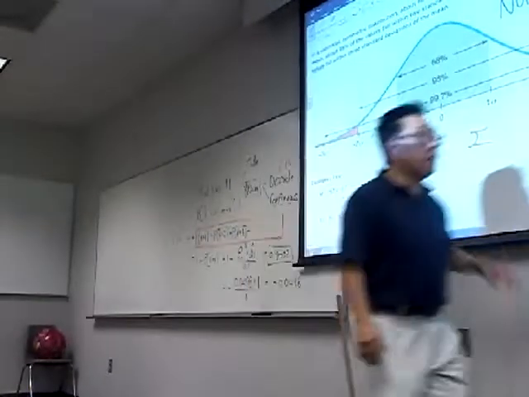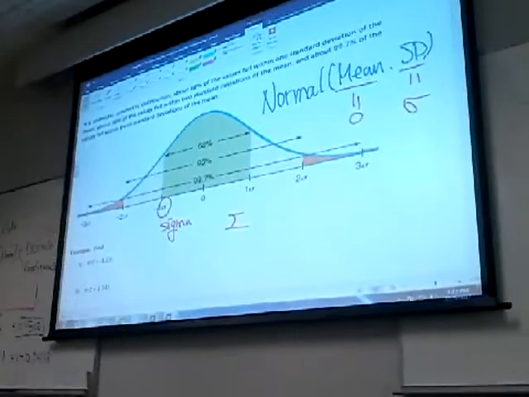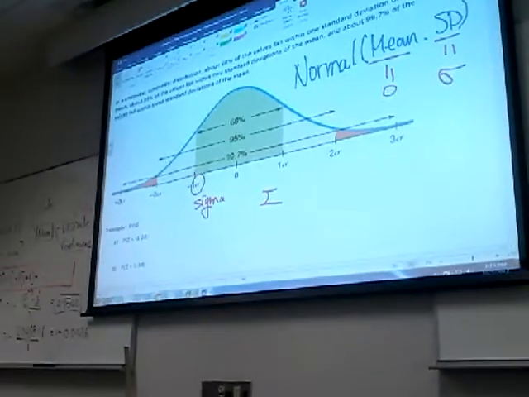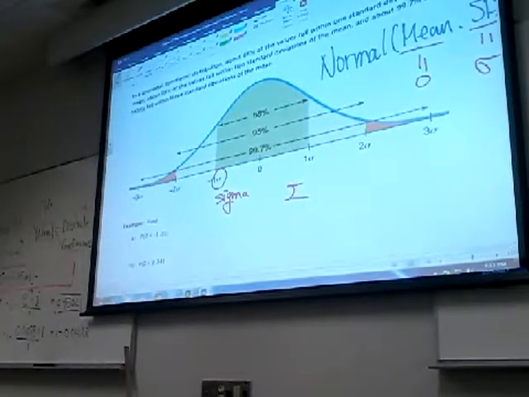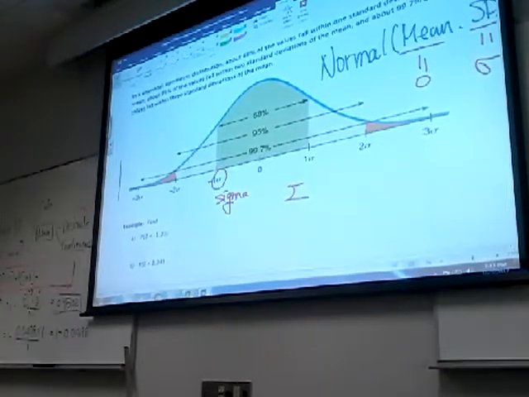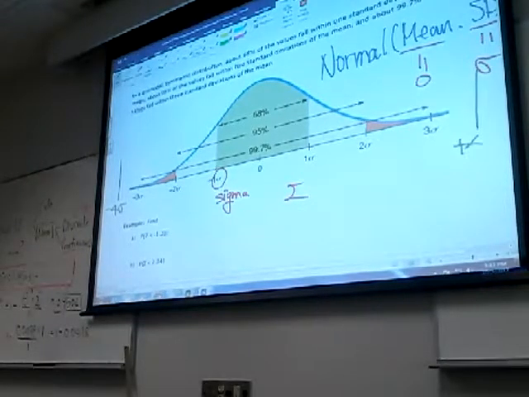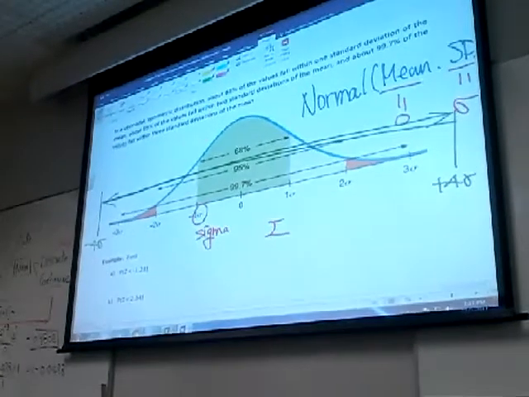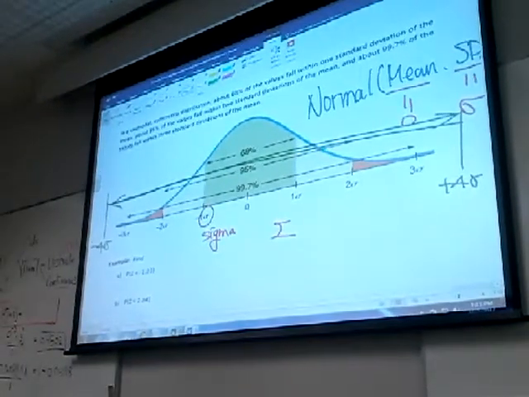So, now I can say, even plus and minus 3, there is 99.7%. Here is a negative 4 standard deviation. Here is a positive 4 standard deviation. I can say it is almost 100%.